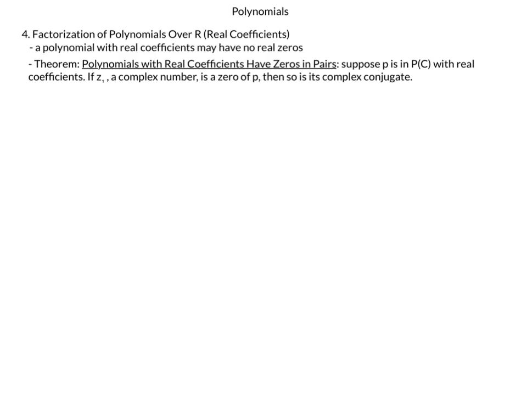Next, we have this theorem: polynomials with real coefficients have zeros in pairs. Suppose P is a polynomial over the space of polynomials over C with real coefficients. Now, if z1 is a complex number and is a 0 of P, then so is its complex conjugate.